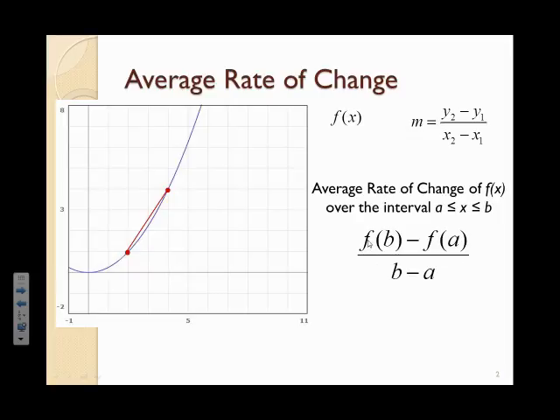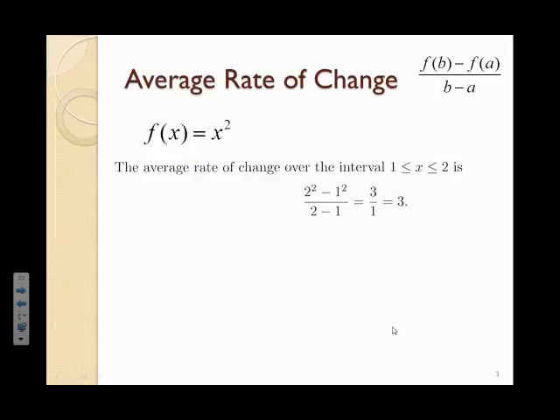So what we would do here is do an f of b, and f of b is going to give us this y value, which is 4. And then we subtract an f of a. Well, an f of a is here an f of 2, and that would be, in this case, 1. So we would take the 4 minus the 1, and realize that that's the same thing as calculating the slope, of course. And then over b minus a. If this is b and this is a, the distance here would be 2. 4 minus 2 would be 2. So we could calculate the slope by taking the rate, the change in y over the change in x, or this formula.